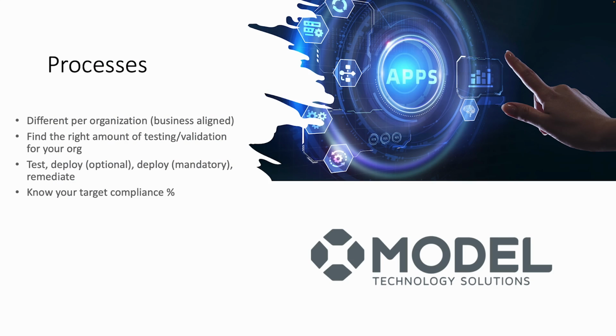So processes. The first thing to note is that processes are different for every organization. Generally speaking, there's a certain amount of testing and validation that would occur, so there are some guidelines we can put in. But the processes should very much be business aligned.